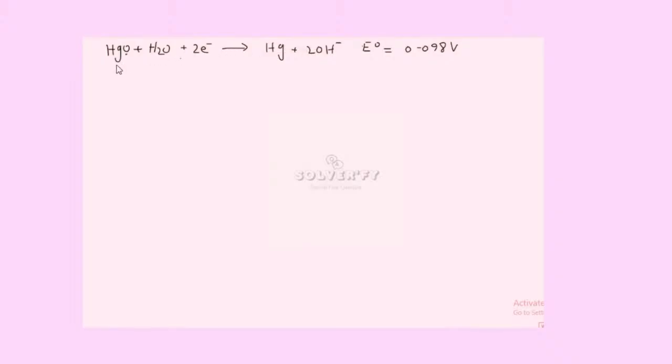On the other hand, zinc oxide in the presence of water molecule gains 2 electrons to form zinc and 2 hydroxyl ions, so E naught of the cell is equal to minus 1.260 volt.